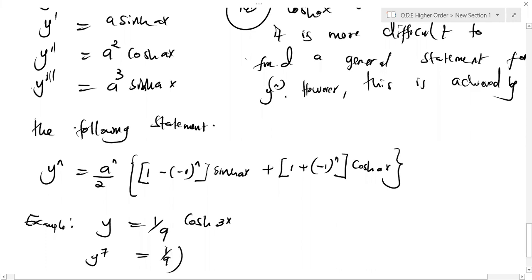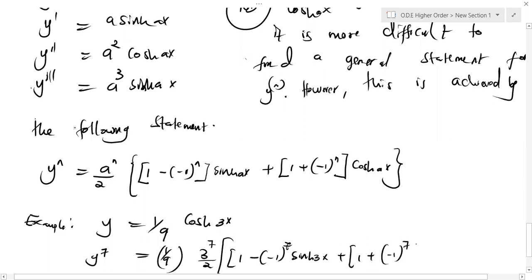We have 1 over 9 out here, then 3 raised to power 7, all this divided by 2 into bracket 1 minus 1 raised to power n. Our n right there is 7. Sine hyperbolic of ax, so our sine hyperbolic, a is 3x, plus 1 plus minus 1 raised to the power 7 cos hyperbolic of 3x.